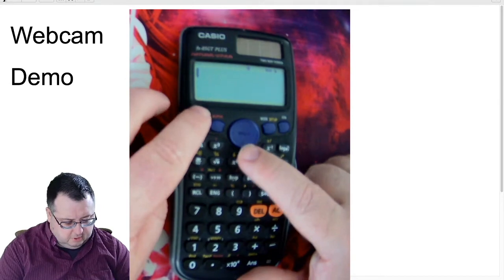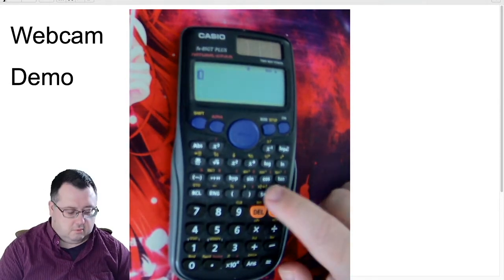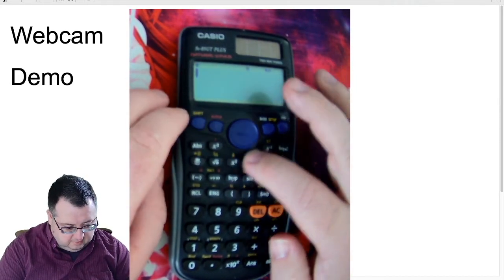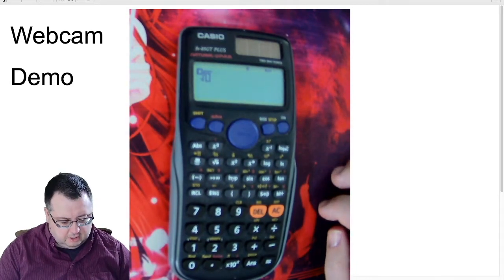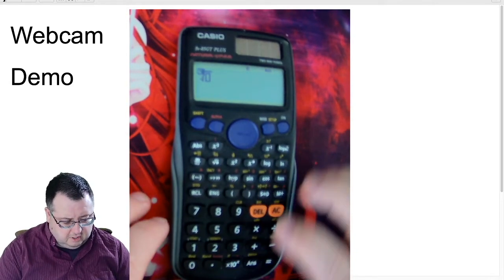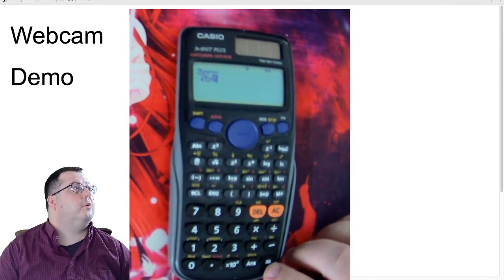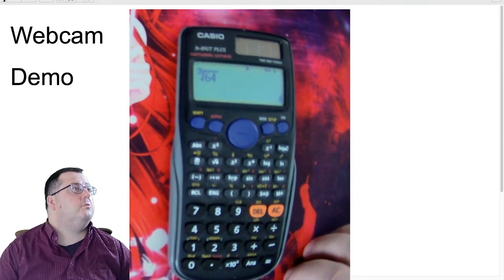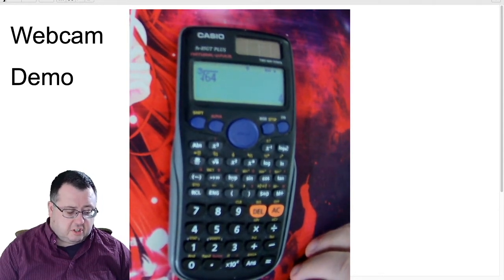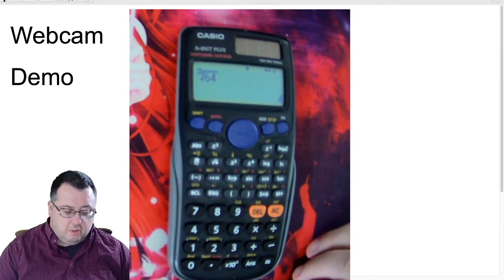Another example, Shift X block. What's going on here? Shift X block. There we go. Let us do the cube root, and then you move the jog wheel down. 64 equals 4. Okay, so this part was just to show you how to use the webcam.